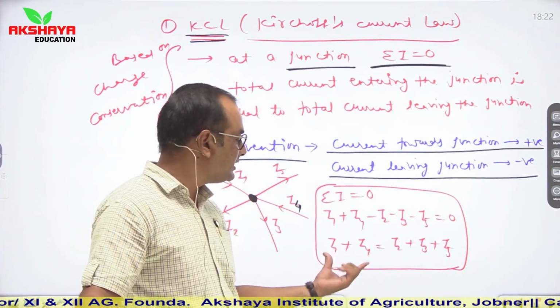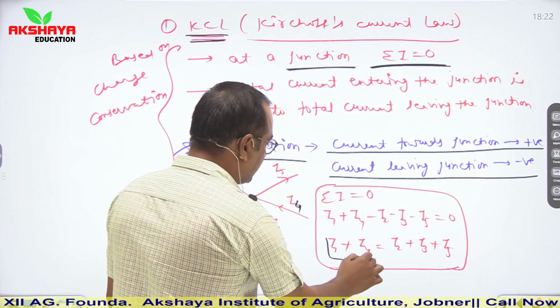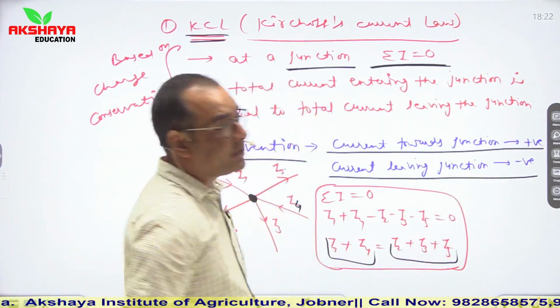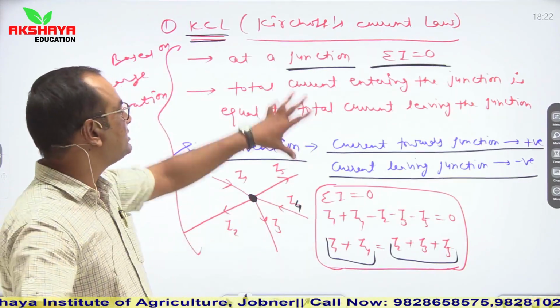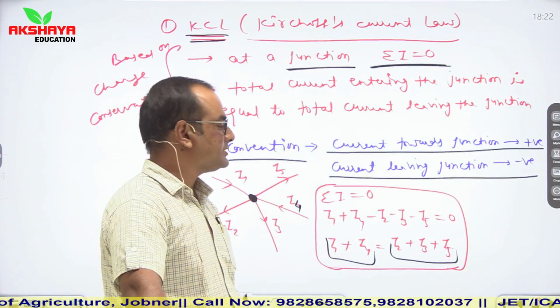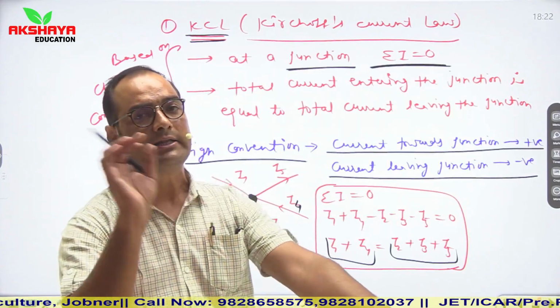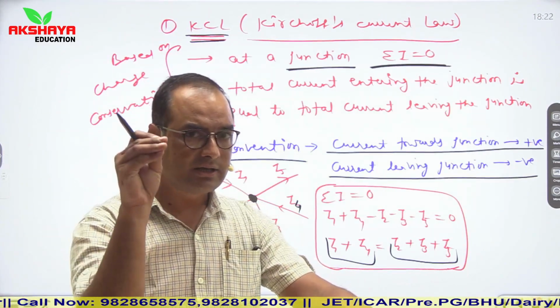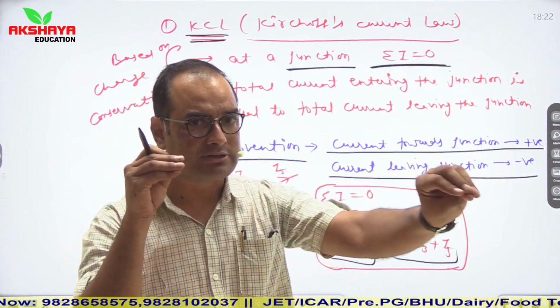In other words, we can say that total current entering the junction is equal to total current leaving the junction. So this is Kirchhoff's current law. From this relation, another conclusion is made: the total current which enters the junction is equal to the total current which leaves the junction.